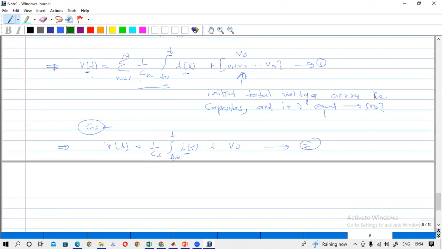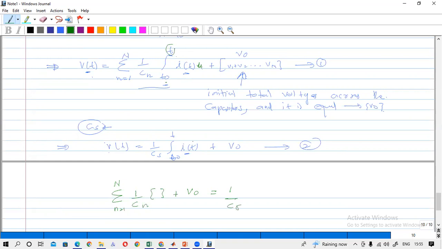If you equate these two, you will have the sum from n equal 1 to capital N of 1 by Cn, and the integration from t naught to t, with dt, gives some value. Plus you will have the V naught here, and that is equal to 1 by Cs.